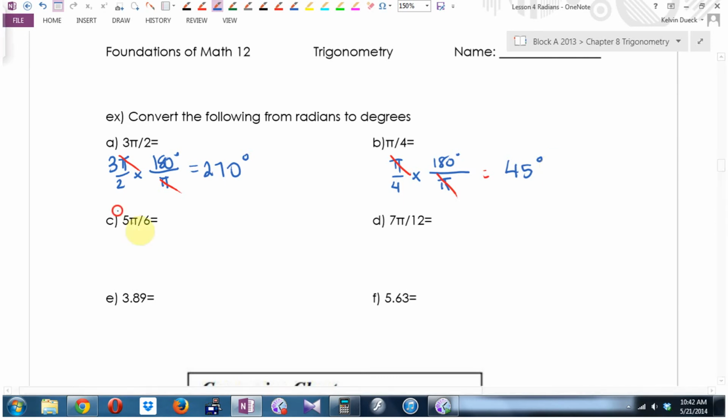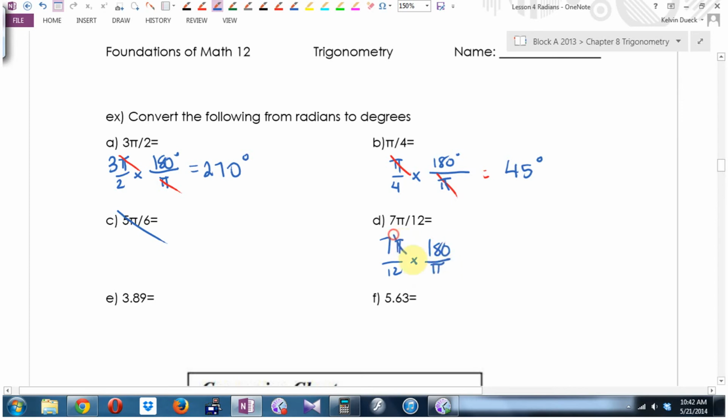Let's skip C. Try D. 7 pi by 12. How many degrees is that, Rosanna? Try D. 7 pi by 12, please. Multiply by 180, divide by pi.